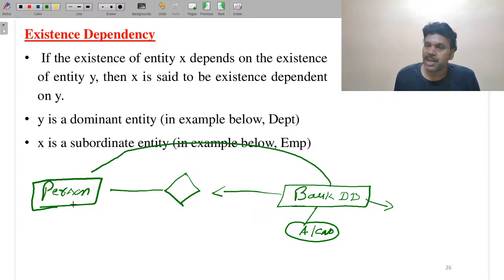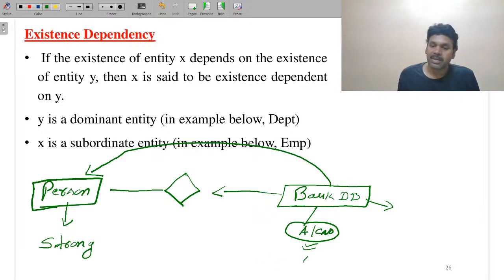So whenever a person is available, he is able to take a bank account, otherwise there is no use of taking a bank. Therefore, the person database is a main requirement for us. Bank database is not a main requirement for us, because the bank database depends on your person database. Therefore, in that case, we will call this a strong representation.